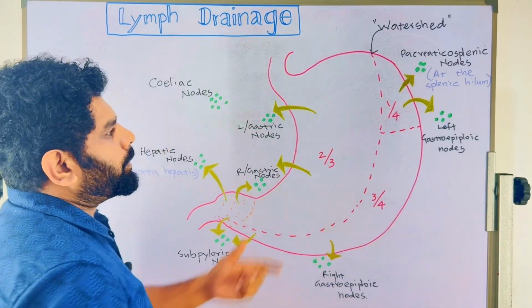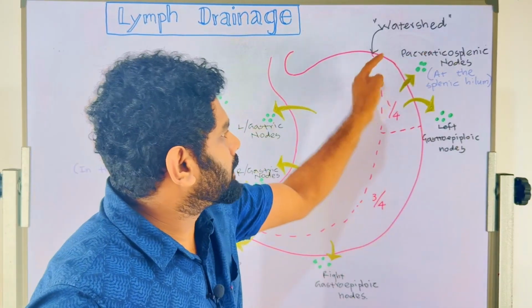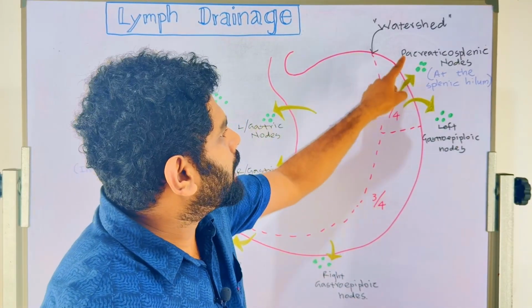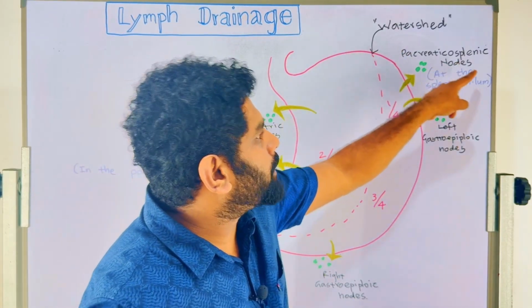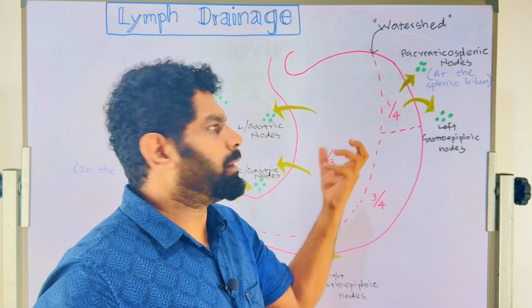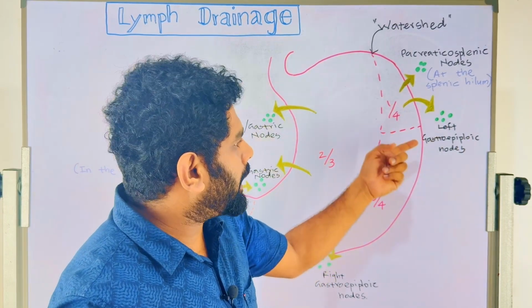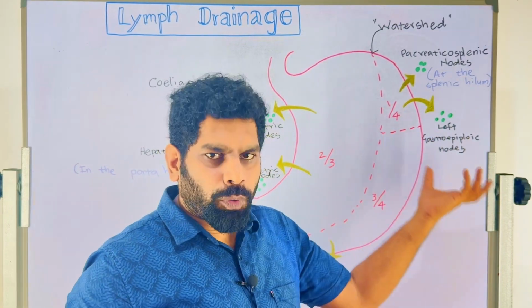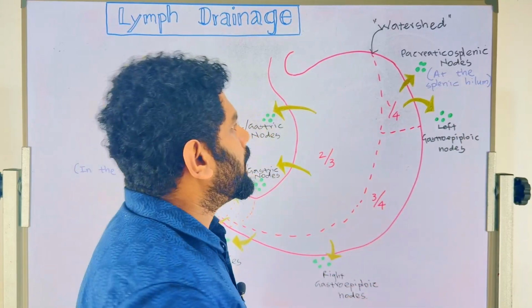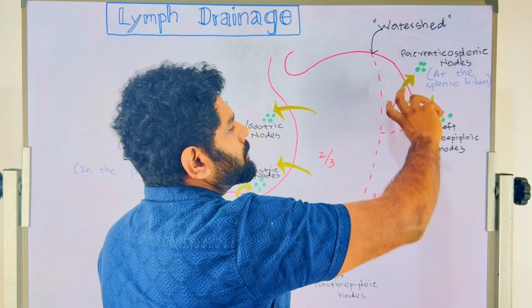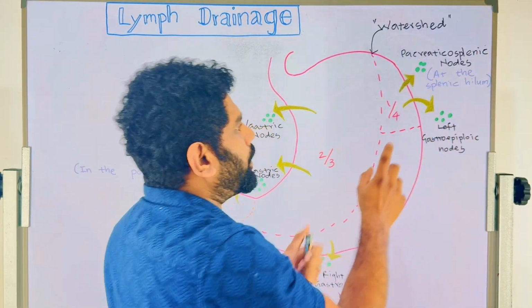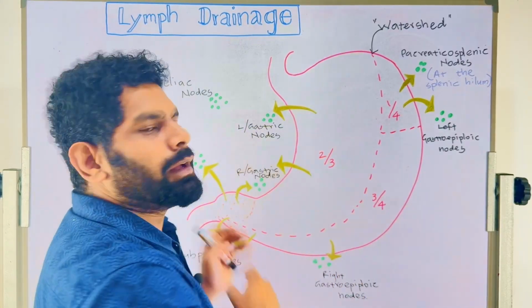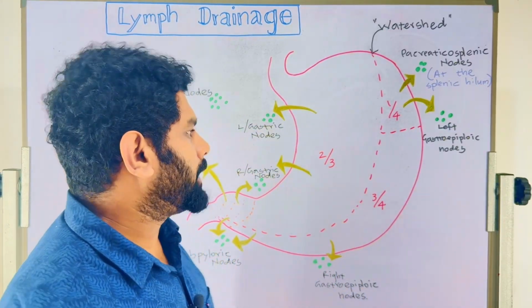Now this left upper quadrant will drain into pancreatico-splenic nodes, which is at the splenic hilum, and the left gastroepiploic nodes. The lymphatic flow through the pancreatico-splenic node will occur along the splenic artery, splenic vessels.